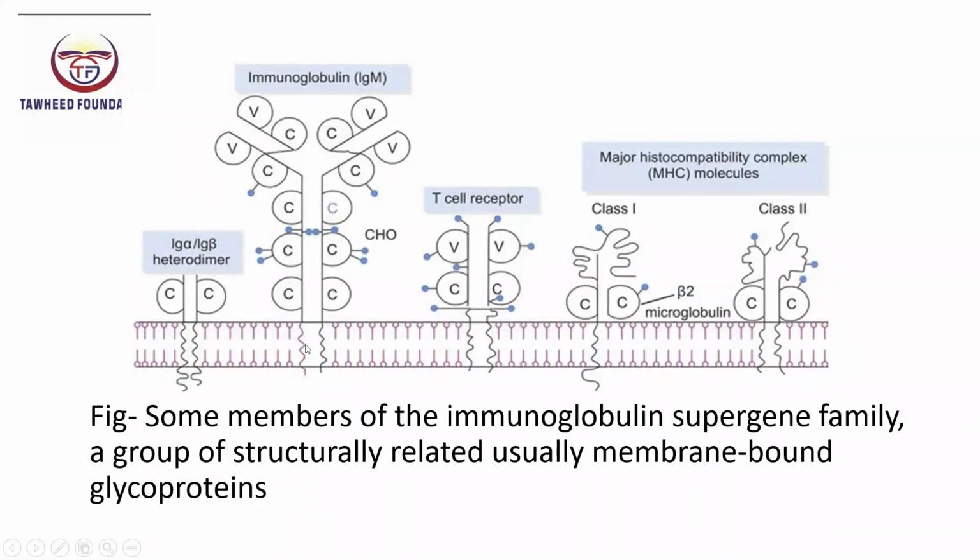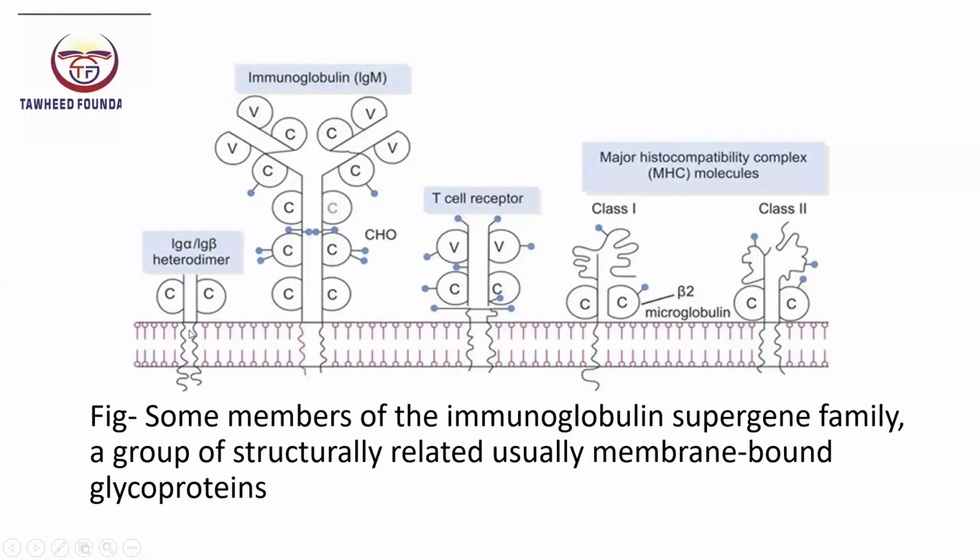So in this figure, some members of the immunoglobulin supergene family, a group of structurally related, usually membrane bound glycoproteins. This diagram shows Ig superfamily members. Examples are Ig, TCR, that is T cell receptor, and MHC, that is major histocompatibility complex molecules.